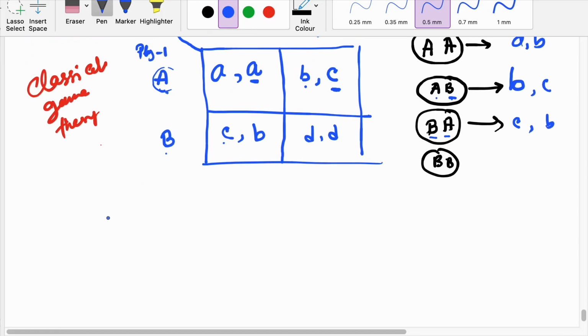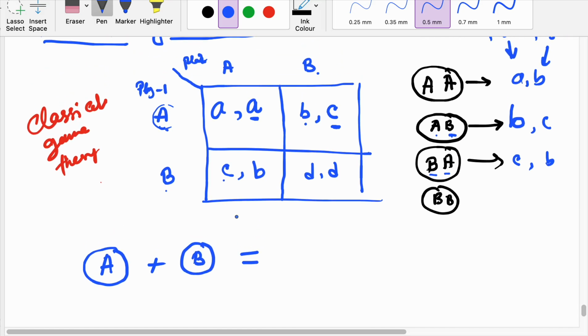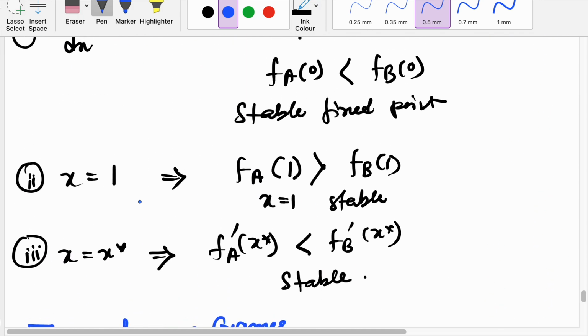In evolutionary game theory, suppose we have a population with only two phenotypes, A and B. Phenotype means the behavior.